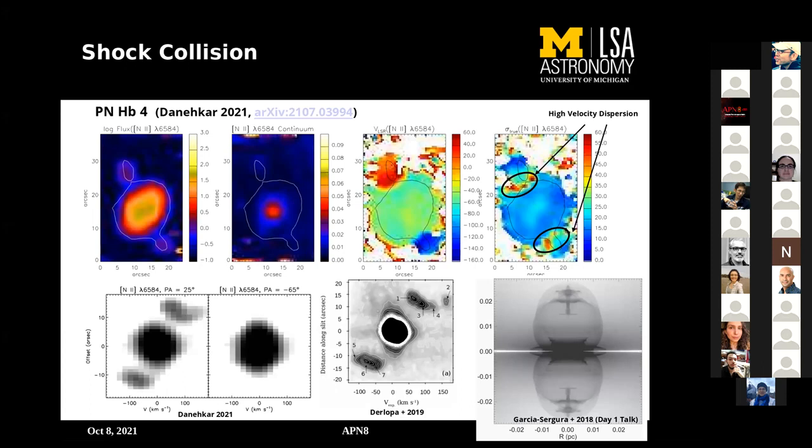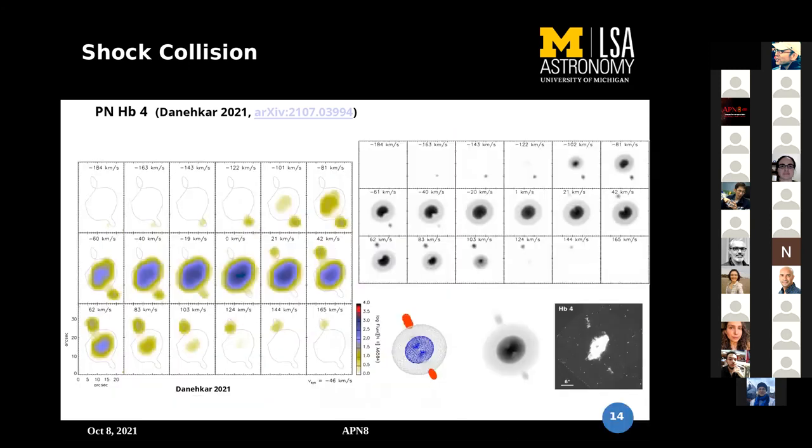This object is interesting as its morphology is similar to what was found in the common envelope hydrodynamic simulation by Garcia, published in 2018, which was also shown in the day 1 talks. So the morphology of this planetary nebula has some similarity to those common envelope hydrodynamic simulations.